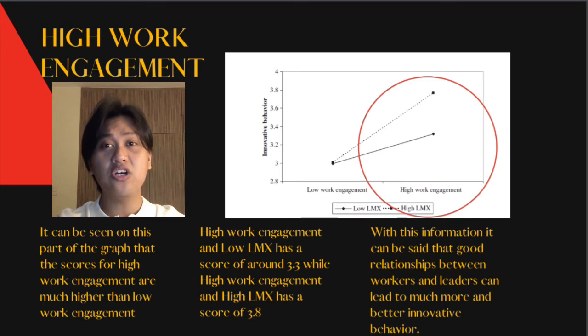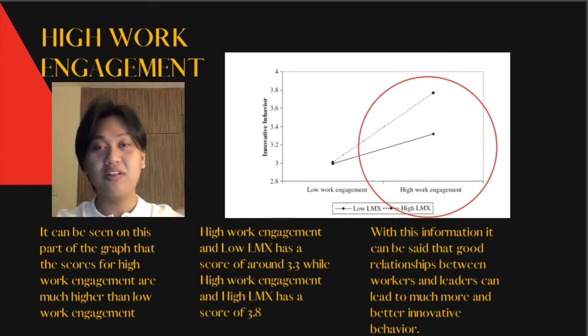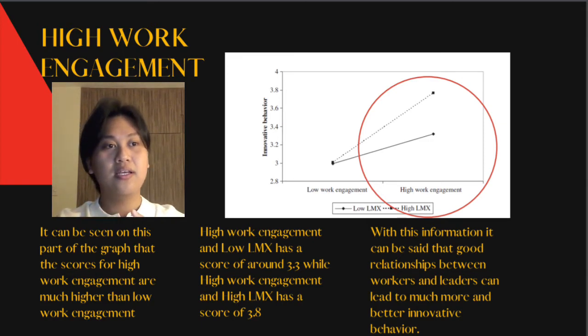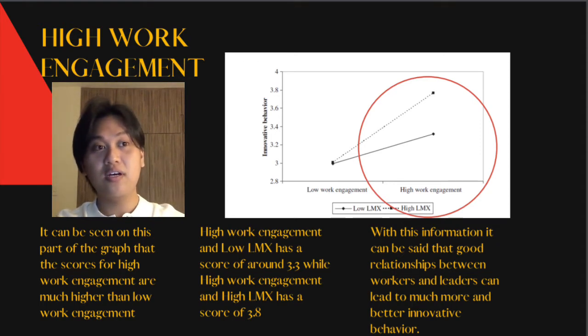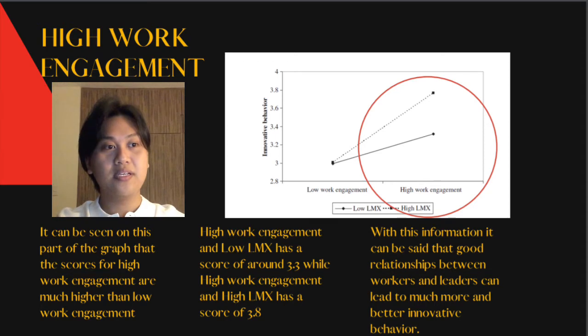Next, let's take a look at high work engagement. This part of the graph is already very different from low work engagement. The scores of high work engagement are already much higher than that of the low work engagement. High work engagement and low LMX has a score of around 3.3, which is already higher than both of the low work engagement scores.